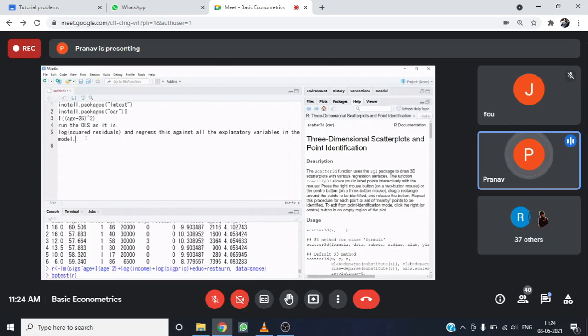You get the fitted values from this regression, and since you had applied logarithm to the squared residuals, you again apply the exponential, so that you convert it back to the same terms. So that weight will be the reciprocal of the exponential values of the fitted values from this regression. Is this clear?